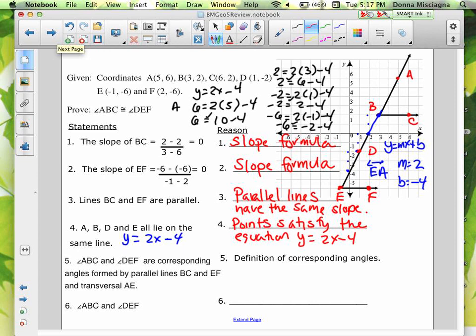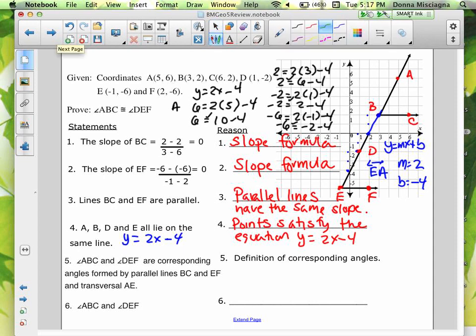Okay, so we have a line, we've got 2 parallel lines, and a line that intersects those parallel lines. Well, what do we call it when we have a line that intersects parallel lines? Remember back from working with parallel lines, this is a transversal.